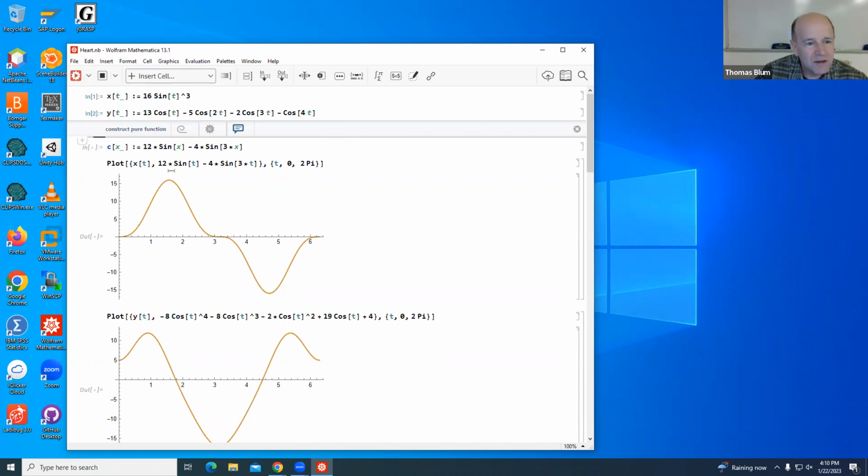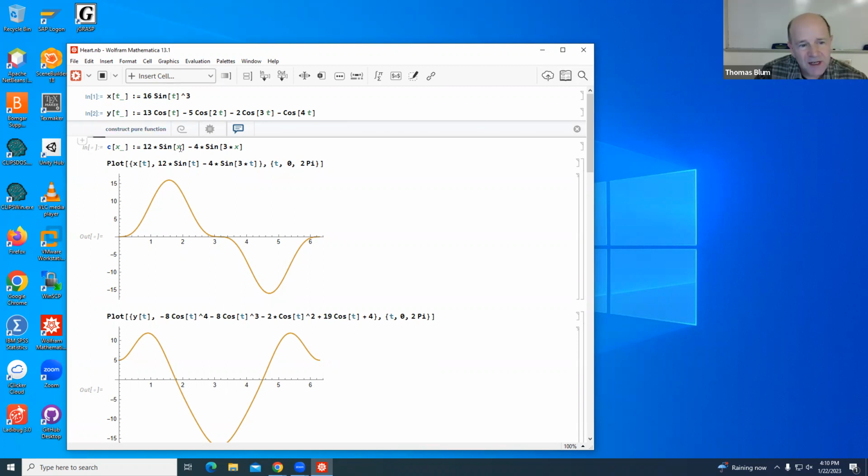So here is a y of, oh yeah, here it is. So 12 sine of t, I should have called it t, but I switched from x to t for some reason.